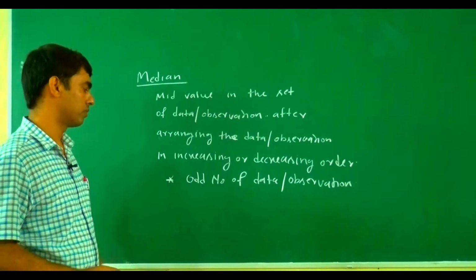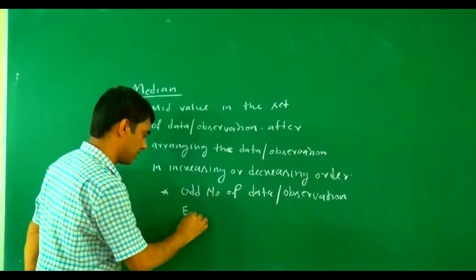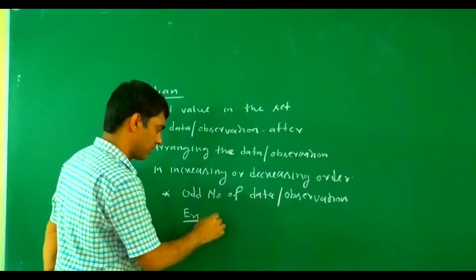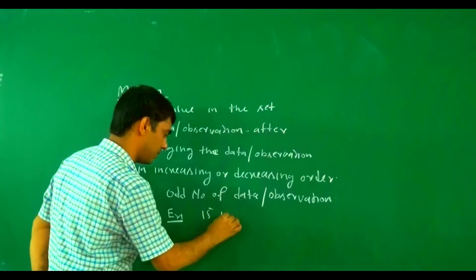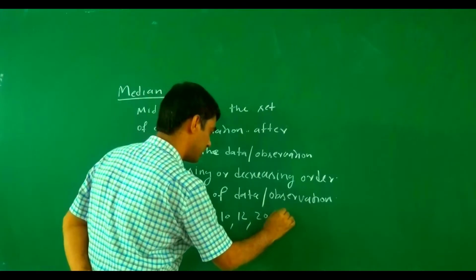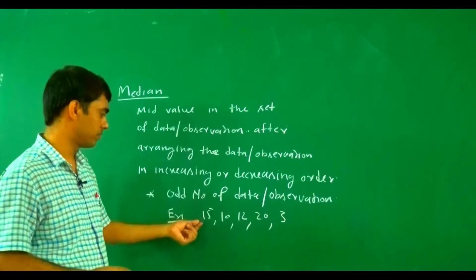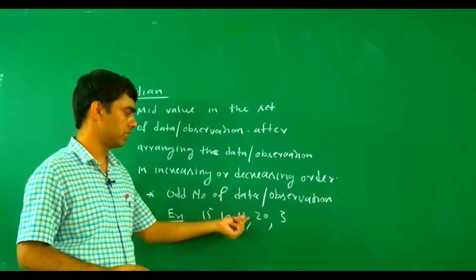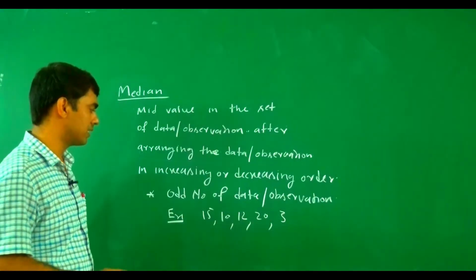Then the mid value. For example, if we take an example, there are 5 data: 15, 10, 12, 20 and 3. How many observations are here? 1, 2, 3, 4 and 5. An odd number of observations.